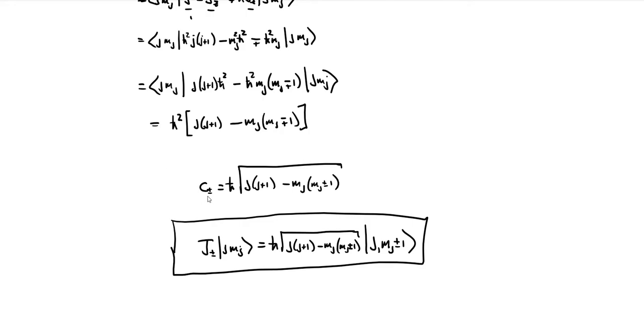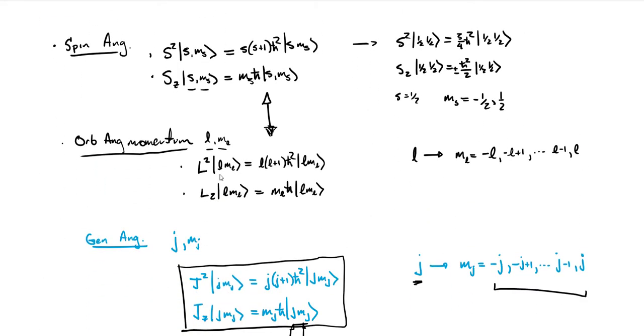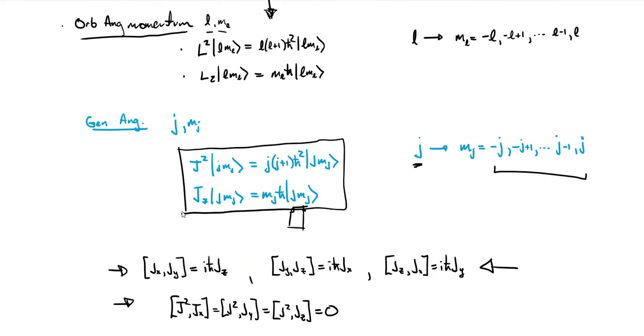Again, recapping what we've just done is look at angular momentum in general, not caring whether it's spin or orbital or nuclear spin or electron spin. In general, angular momentum operators have these eigenvalue equations, and for a given angular momentum quantum number, it defines a manifold of magnetic quantum numbers.